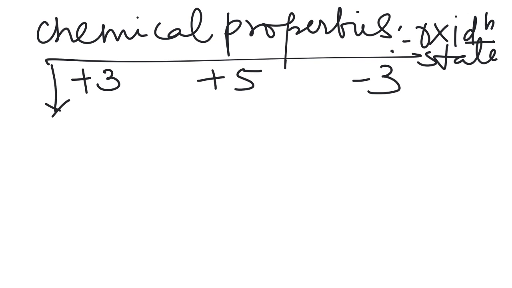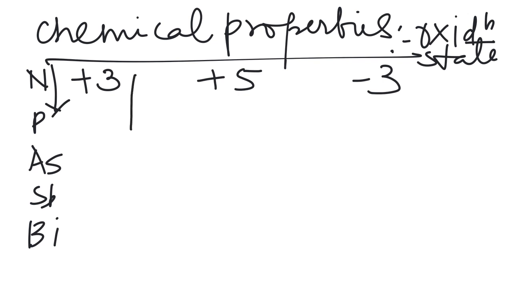the elements nitrogen, phosphorus, arsenic, antimony and bismuth. So the oxidation state increases down the group and the stability of the plus 5 oxidation state decreases down the group.